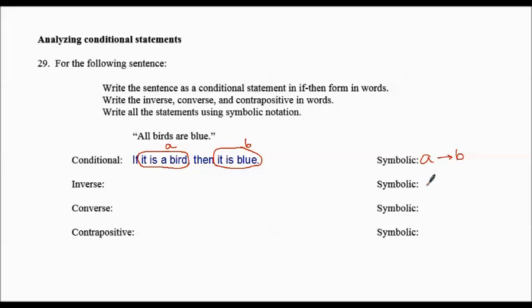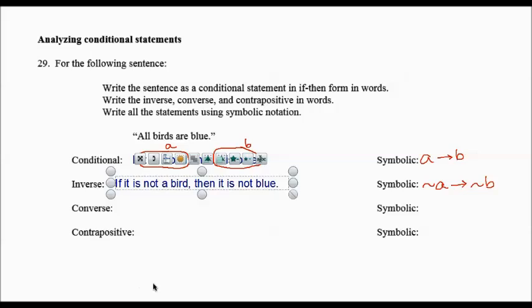The inverse means that you are negating what A and B was. So not A leads to not B. So I could say, if it is not a bird, then it is not blue. Notice that I have not changed order. I'm first mentioning the birds in both cases, then I'm mentioning the color in both cases.